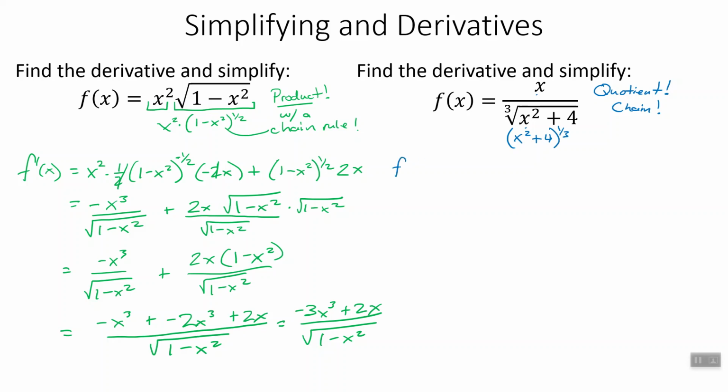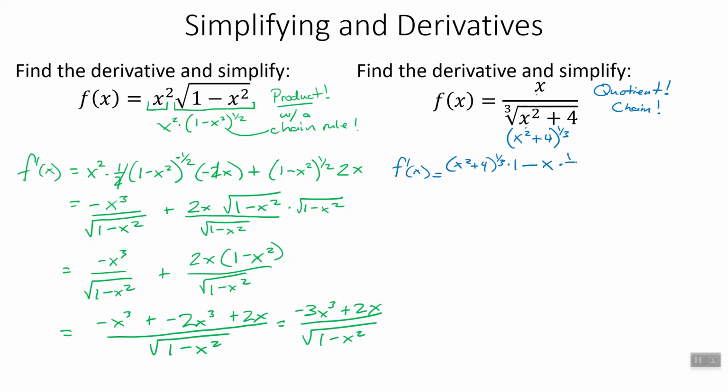All right, so now let's calculate our derivative. So remember the quotient rule says low d high minus high d low, square the bottom, and away we go. So we start off with low, x squared plus 4 to the 1/3 times the derivative of the top, times 1, minus the top times the derivative of the bottom. So this one we have to do a chain rule.